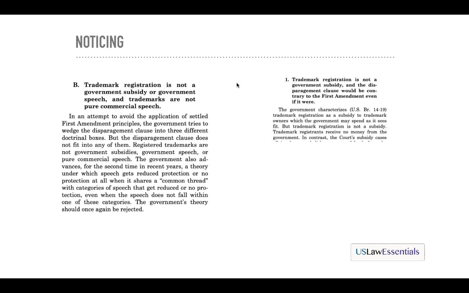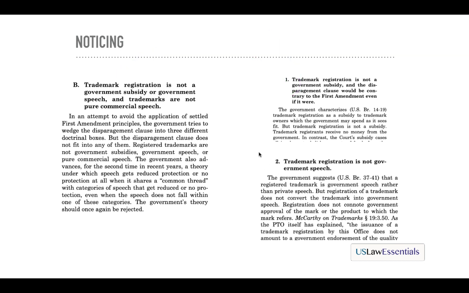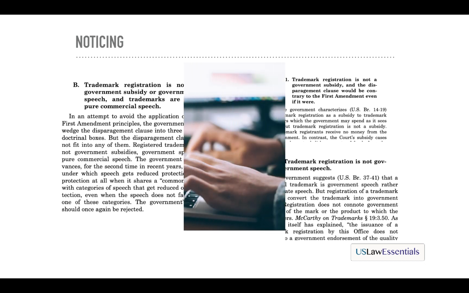It links up so nicely with our heading B. And no surprise, B2 says trademark registration is not government speech. Again, links up so nicely with our prior heading. This type of organization is logical, and it's something that you're going to be using to get the best possible grade on your memorandum of law.